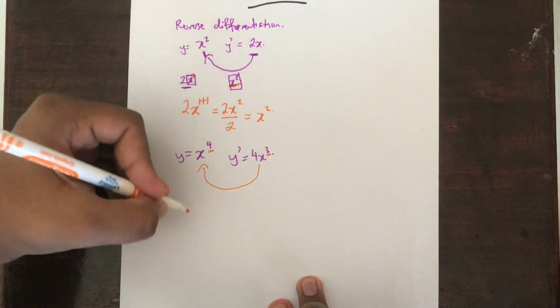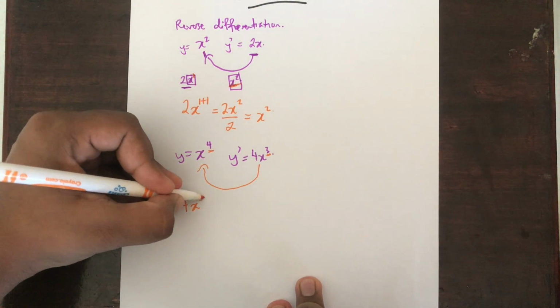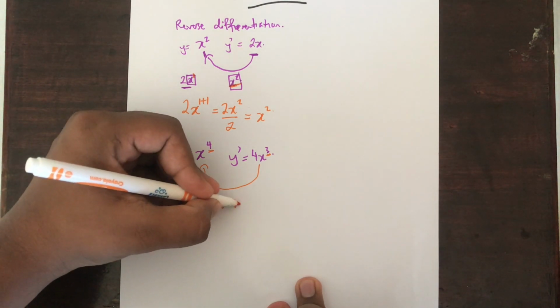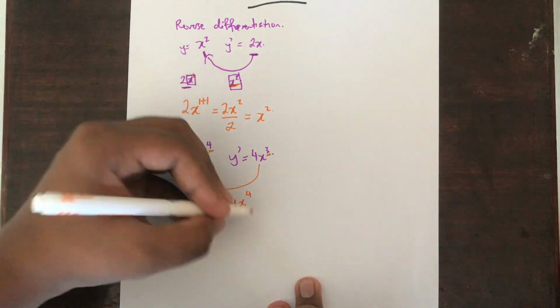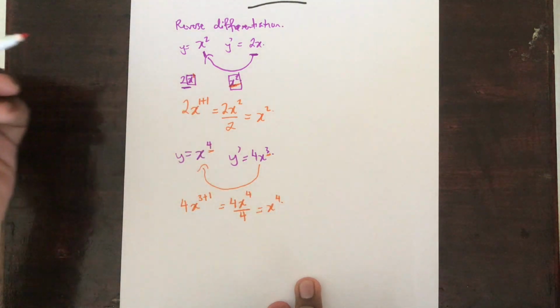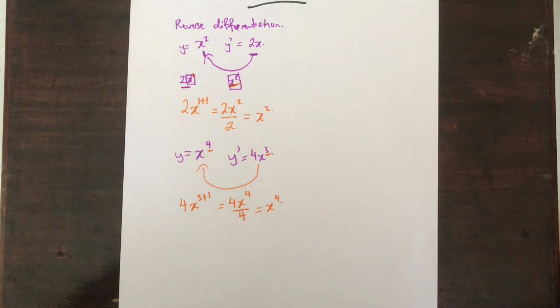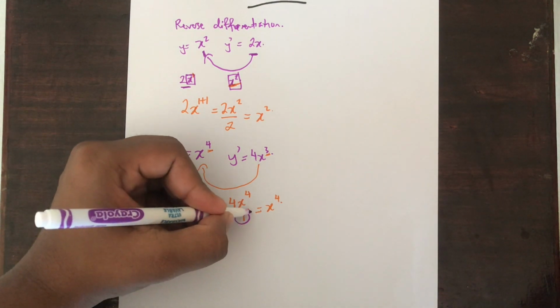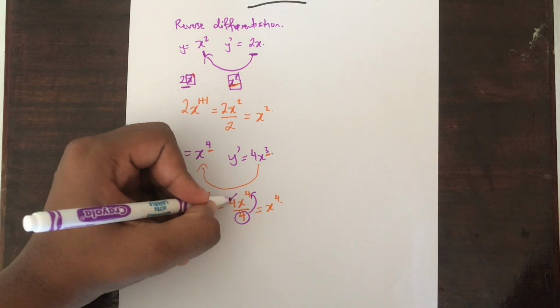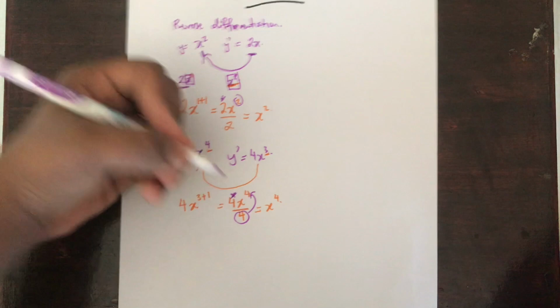This is power 3, this is power 4, so you need to add 1. So 4x power 3 plus 1 is 4x power 4. Then you divide by 4 to get x power 4. One more thing you need to notice is that this 4 is the new power. It's not this one. Don't mistake it for this. It is the new power.